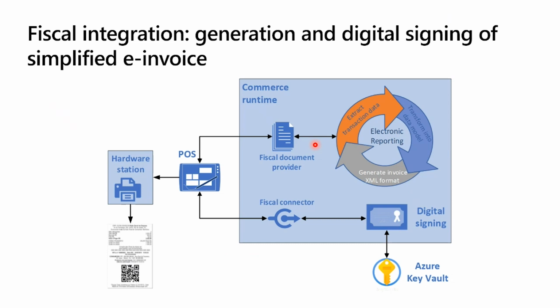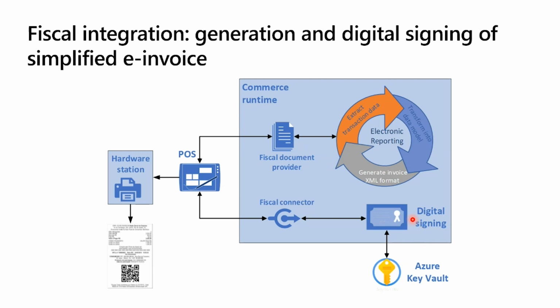This is our common approach currently in Dynamics 365 to use certificates. Whenever it is required to use a digital certificate, the certificate must be stored in Key Vault and accessed through Key Vault. So we do it from Commerce as well, right?